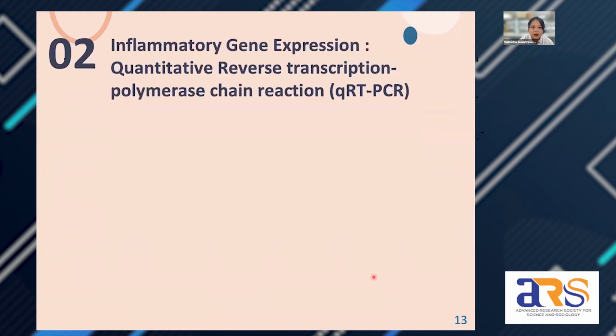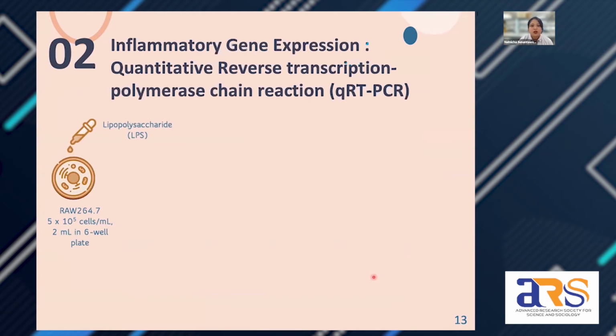For inflammatory gene expression, we use quantitative reverse transcription polymerase chain reaction or qRT-PCR. The cells were plated into a 6-well plate and pretreated with lipopolysaccharides to trigger the inflammation, then treated with standards and samples after 1 hour.